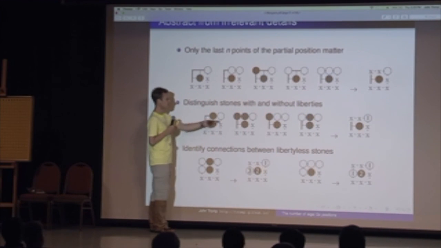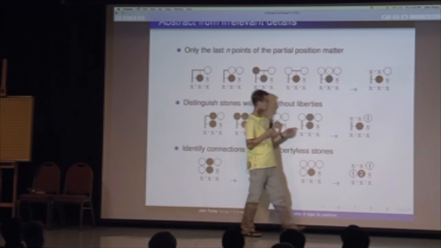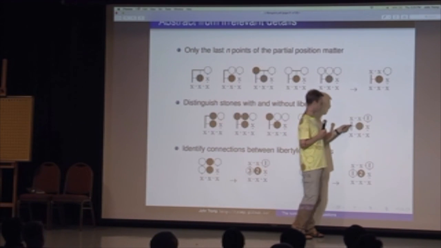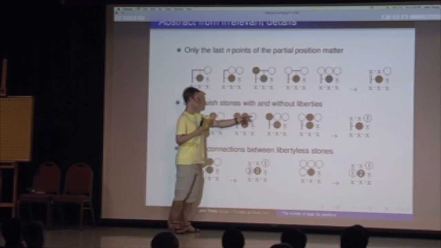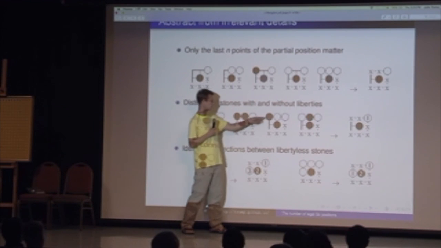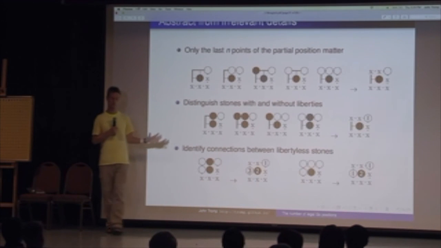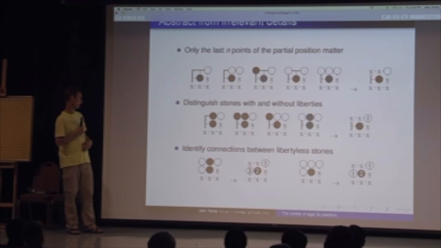Similarly, these are all the 4 positions that can be summarized as: the last 3 points are a white stone without liberties, then an empty point, and then a black stone with liberties. I don't care how it is that this white stone lost its liberties, whether it's 2 black stones here or a white stone and black stone here. It shouldn't matter for how I'm going to make this into a legal position.